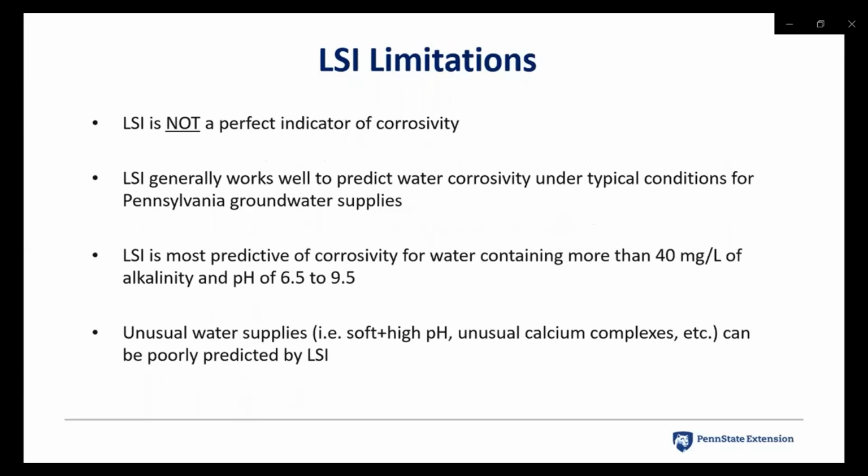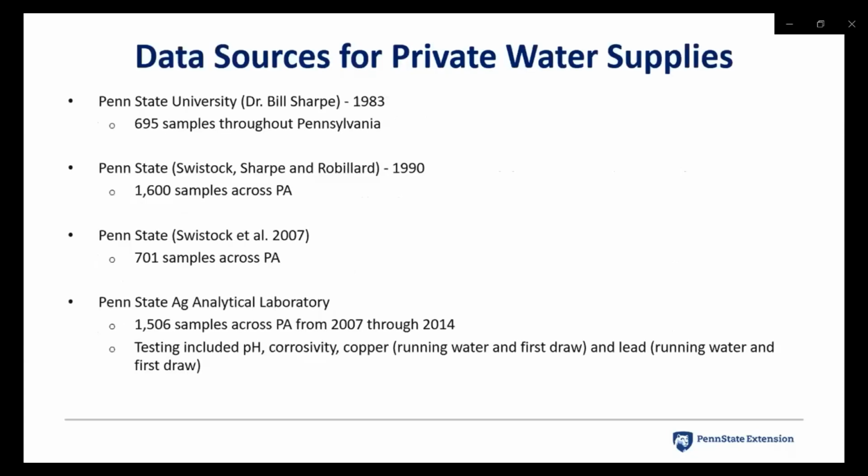For unusual water supplies, such as soft water with high pHs or unusual calcium complexes, you can get pretty poor predictions from the LSI. So you always have to take these numbers with a grain of salt, but it is the best that we have available, at least we think it's the best for what we do here in Pennsylvania.